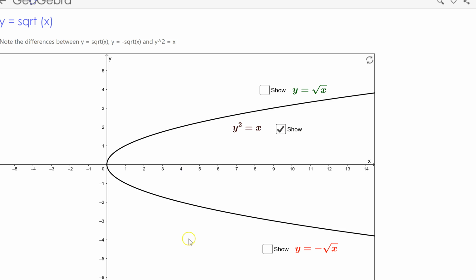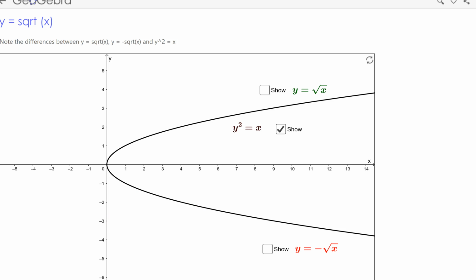And clearly that would fail the vertical line test, so it's a relation, not a function. For what it's worth, it still has a domain x greater than or equal to 0, but the range is all real y. But talking about domain and range for relations is not usually as useful as talking about it for functions.